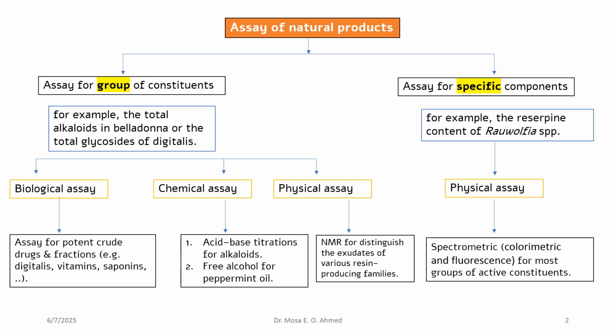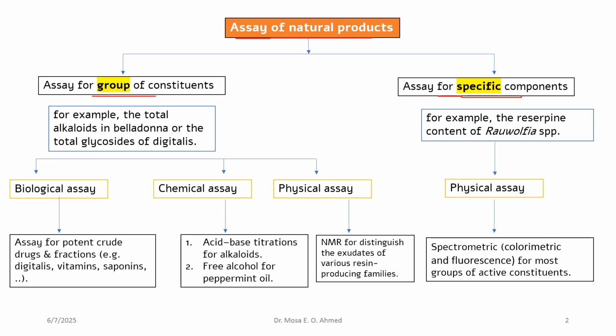As a general introduction for structural elucidation of active ingredient or natural product, assay for natural product can be divided into two classes. Class 1, assay of group of constituents, or assessment of total constituent present in plant sample, and the other class, assay of specific component or assay of isolated compounds.